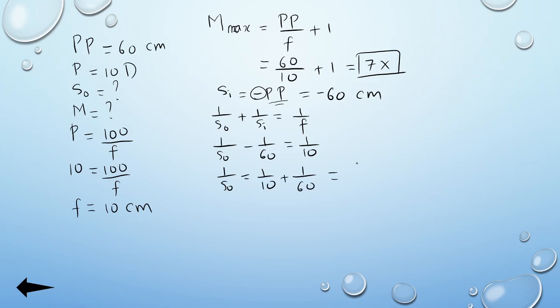This gives us 6 plus 1 over 60, or 7 over 60. We have to flip the value to get the SO. So SO equals 60 over 7 centimeter.